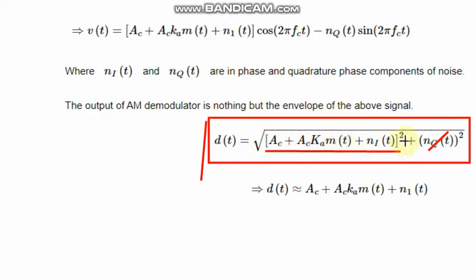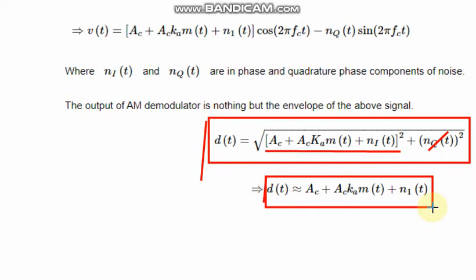So if you do this, under root of the square terms, the square term and under root will cancel each other, and finally the detected output of the receiver will be d(t) = Ac + Ac Ka m(t) + N1(t).